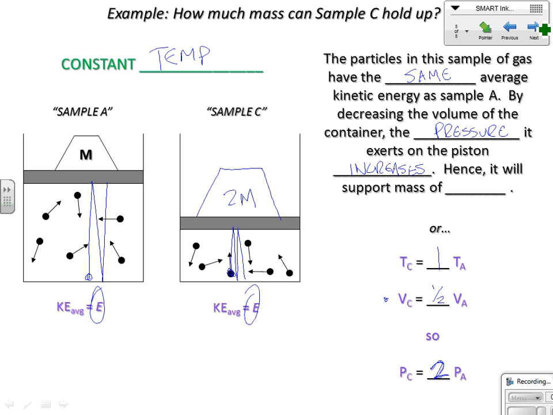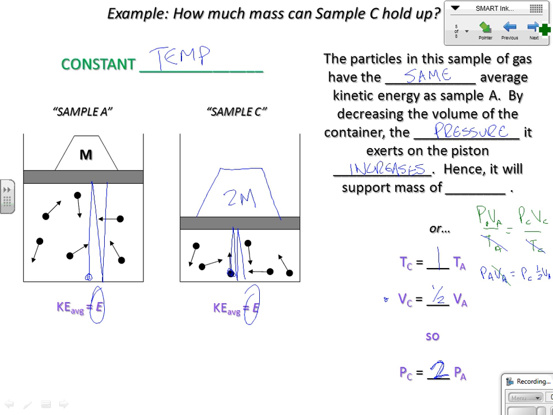All right, again, we can do this as an ideal gas or a combined gas law. A, pressure C, volume C, temperature C. Temperatures are the same. We get pressure A, volume A is pressure C times 1/2 volume A. Right?